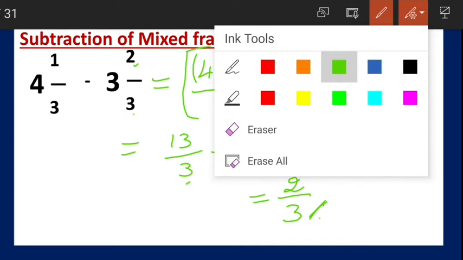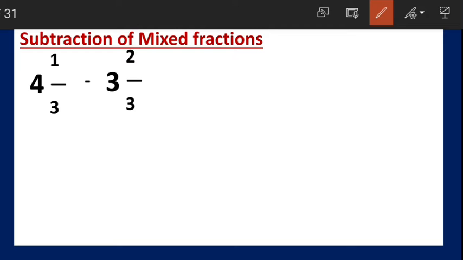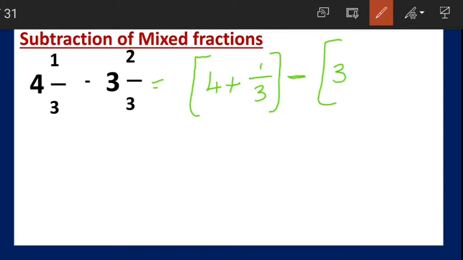In the second method, observe that 4 1 by 3 means 4 plus 1 by 3. We have to subtract 3 2 by 3. That means 3 wholes we have to subtract, and also 2 by 3 part. 3 plus 2 by 3 total we have to subtract from this.